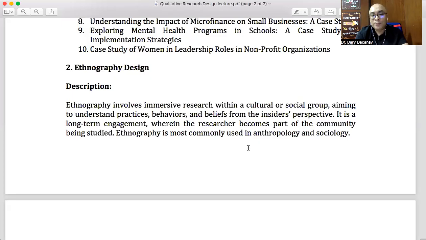In contrast, you talk about the etic perspective, an external analysis applying the outsider's interpretations and frameworks to understand culture and phenomena. So ikaw yun, the outsider.